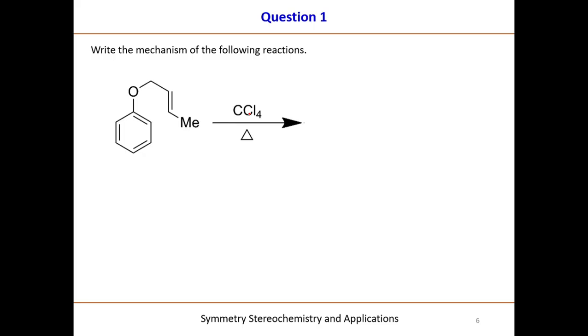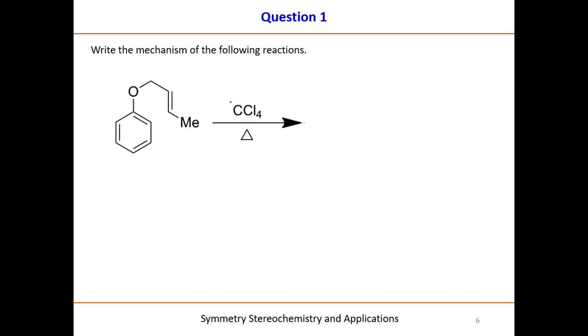This reaction involves the migration of the allyl group from the ether oxygen atom to the ring carbon at the ortho or at the para position through a concerted reaction mechanism. So we will discuss here how the mechanism goes.